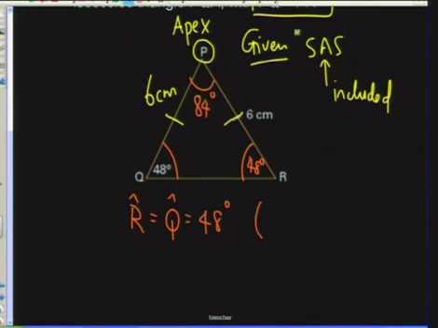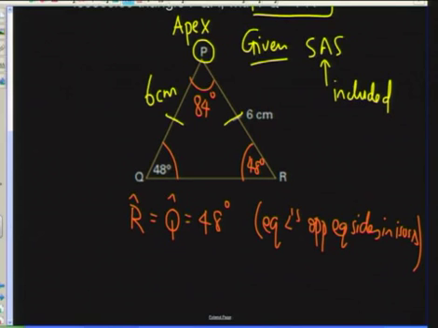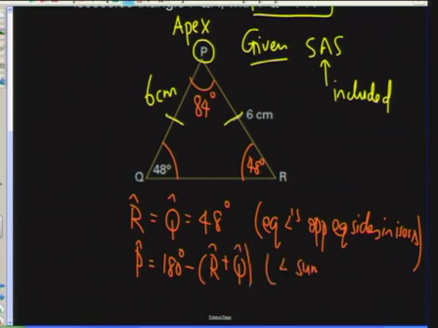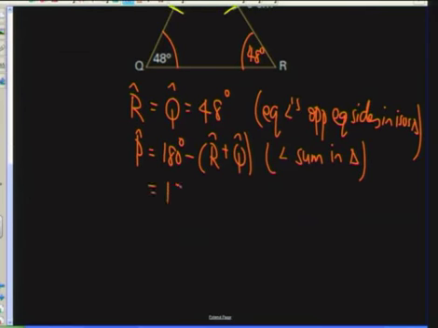That is because we've got an isosceles triangle, so equal angles will be formed opposite equal sides, but this will only happen in an isosceles triangle. Then angle P would be 180 minus the sum of R and Q, and give a reason: interior angle sum in a triangle. Substituting our 96 would give us angle P of 84.